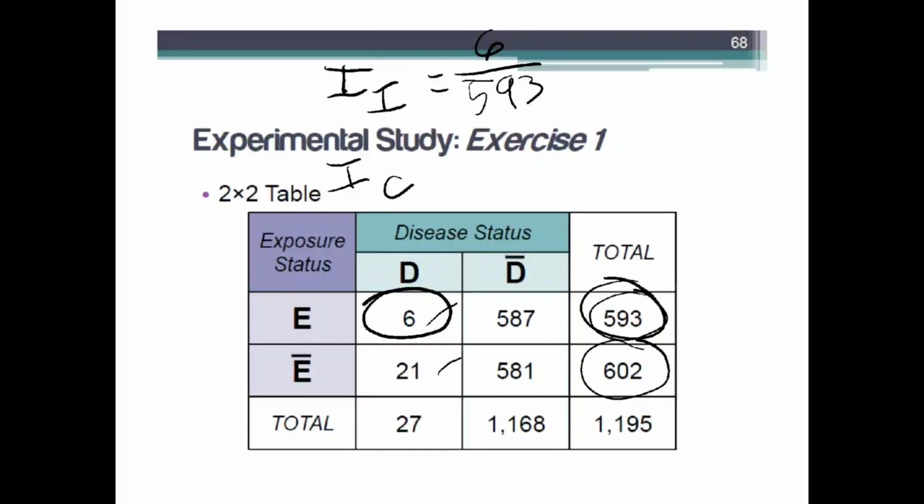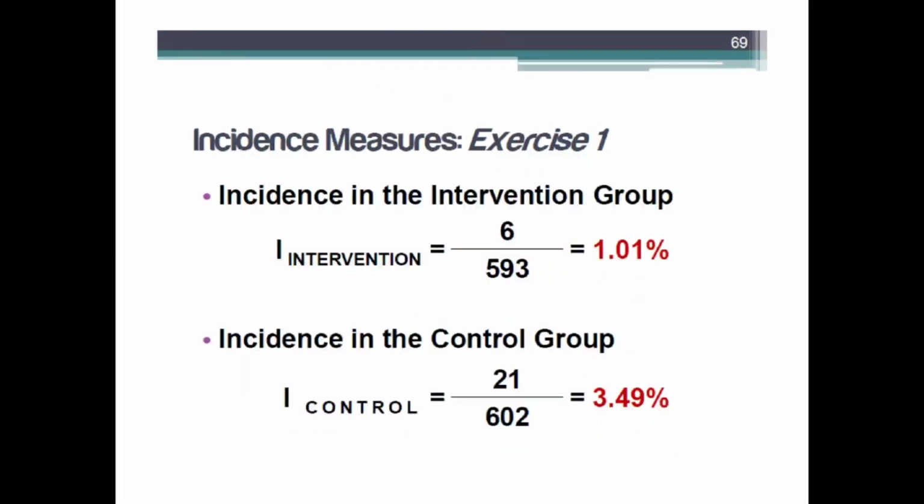Siyempre, incidence among control, 21 divided by 602. Okay? So, what's the answer? Ayan. 1.01% and 3.49%. So, bakit percent? Minultiply pa yan by factor of 100. Okay? So, yan. 1.01 and 3.49.